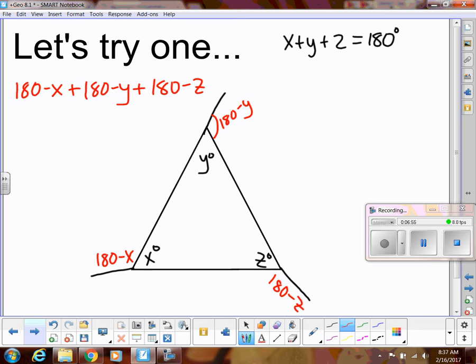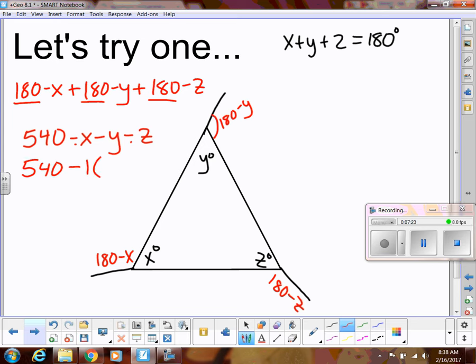So if I combine my like terms, my constants, I'm going to have 180 plus 180 plus 180, which is 540. But then these do not combine, right? I still have a minus X, a minus Y, and a minus Z. So that as is doesn't really help me. But notice that all of these have negatives in front of them. So I could, if I wanted to, factor out a -1, right?